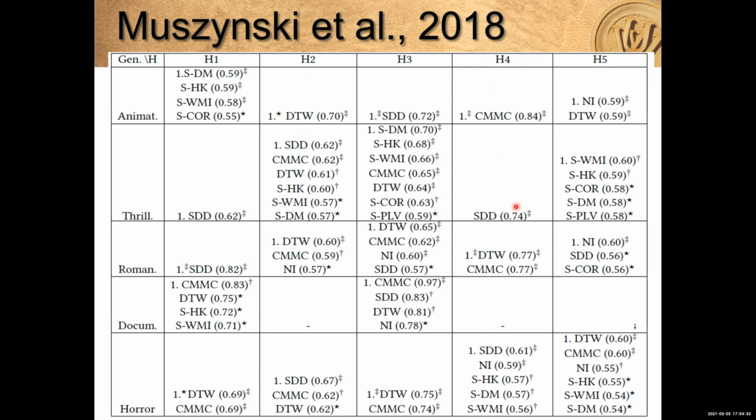You have 0.83, 0.97 for this type in a documentary. But if you apply the same thing to a romance movie, the entire thing drops back down to 0.6. So it's unclear what the difference is here.